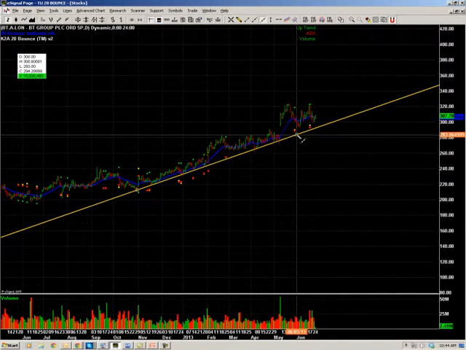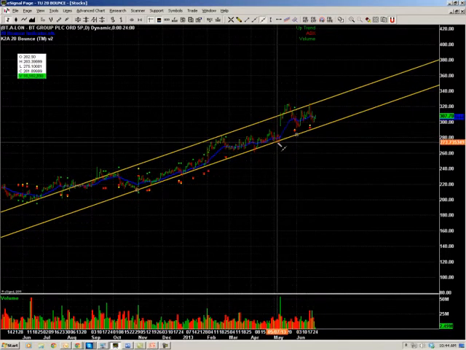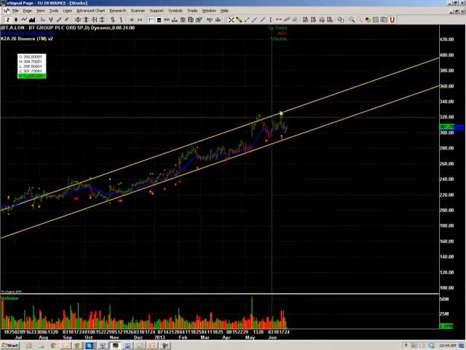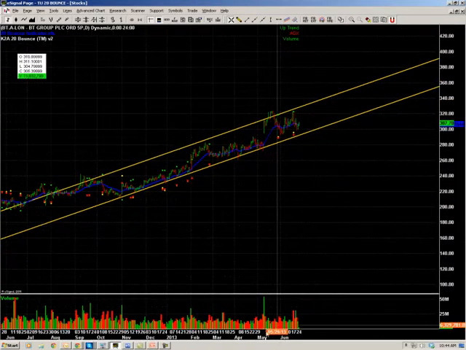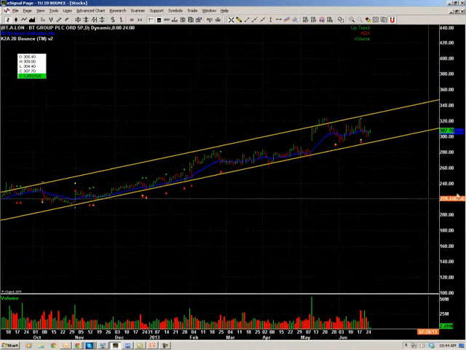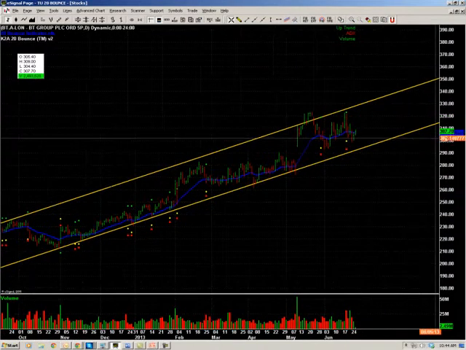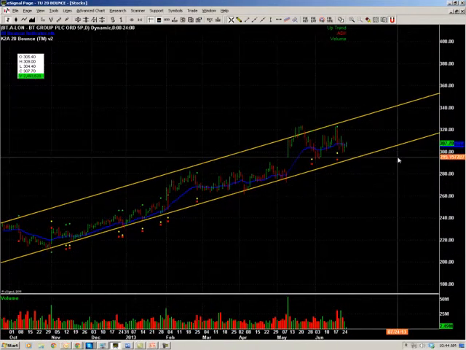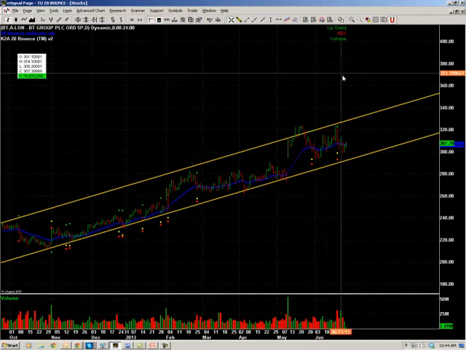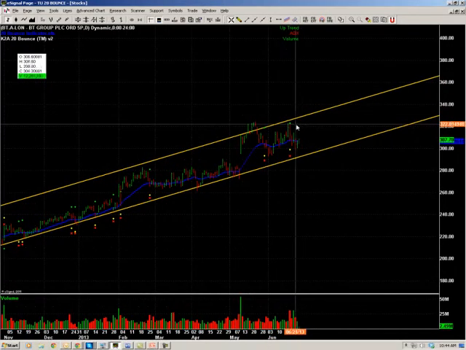Got the channels there. Copy and paste, put it up here. So you've got some nice channels there on this chart here on BT Group, and it's not quite making new highs.